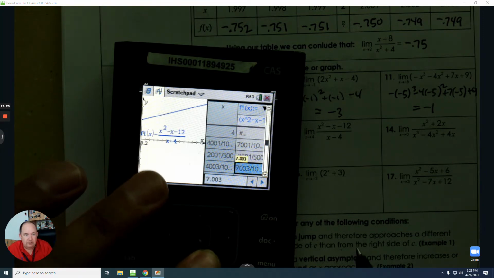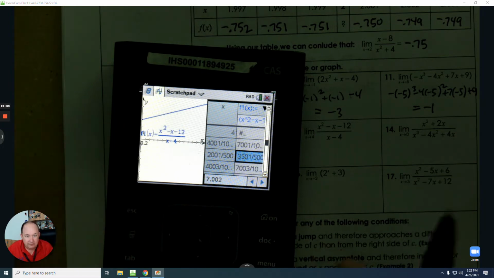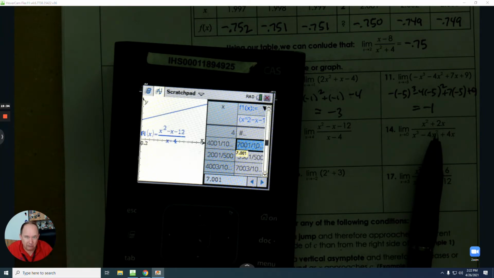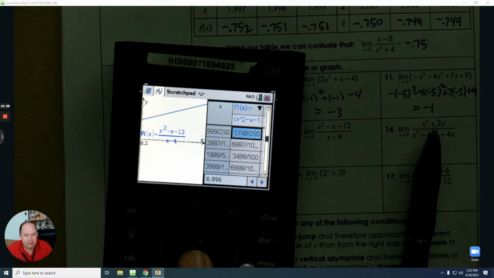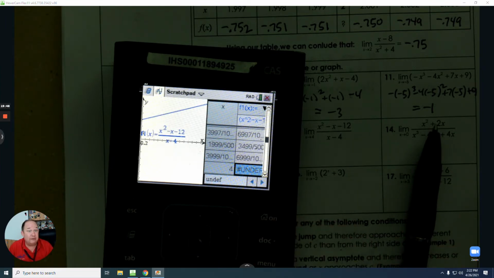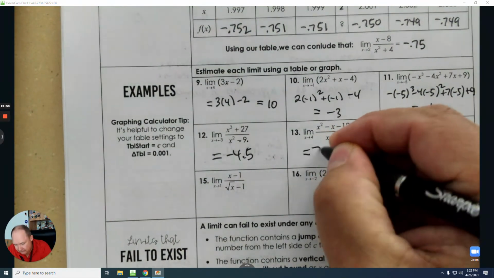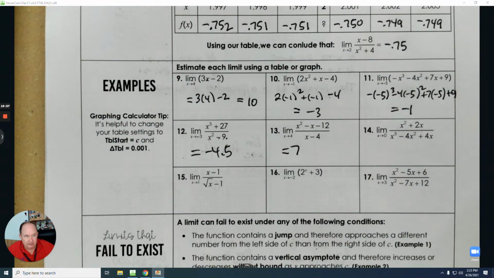And if I get closer, 7.003, 7.002, 7.001, what answer is it getting closer to? 7. And on the other side, same thing, look at the answers, 6.99, 6.997, 6.998, 6.999. So again, it's approaching what answer from both sides? The answer is 7, and when you get there, there's no value. So the limit exists, and this answer is 7. But the function value is undefined if you just plugged in 4.